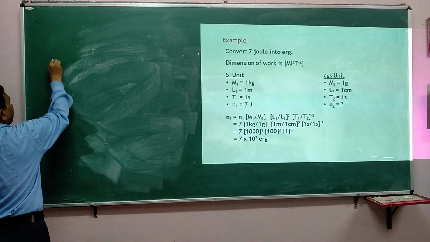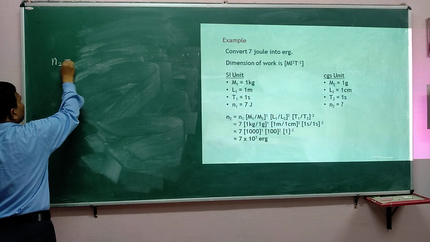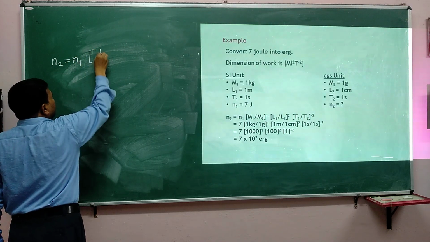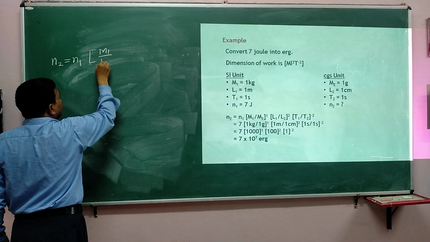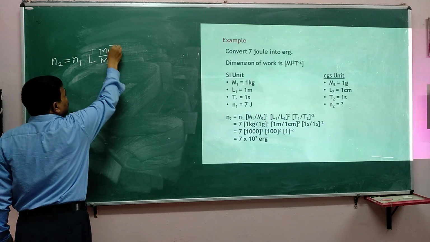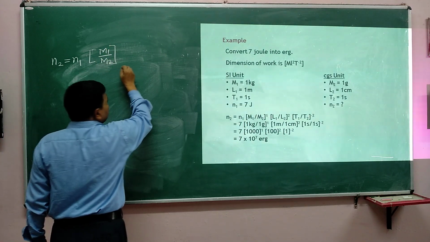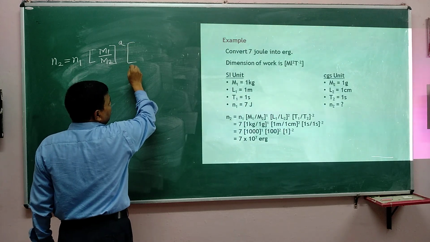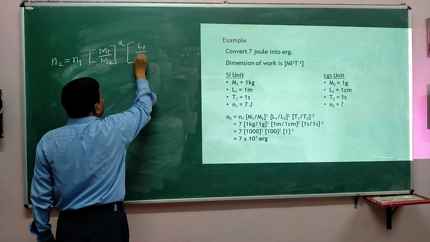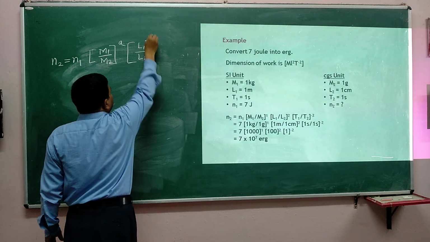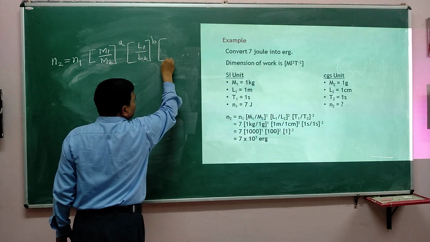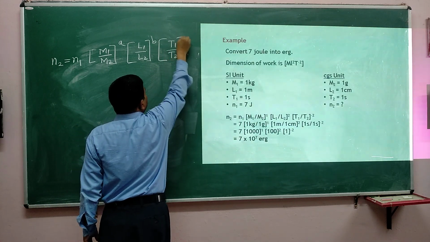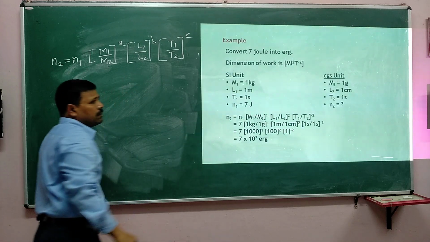What is the formula? n2 is equal to n1 into (M1 by M2) raised to a into (L1 by L2) raised to b into (T1 by T2) raised to c.